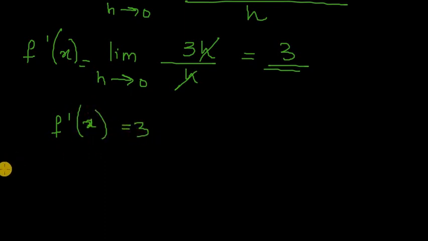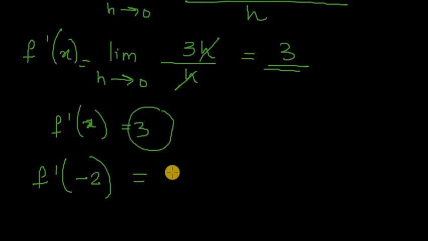So to get the value of f dash of minus 2, I just replace x with minus 2. Since I don't have x over here, f dash of minus 2 will remain 3. So f dash of minus 2 is just 3. That's it. Okay, I hope the sum is clear to you.